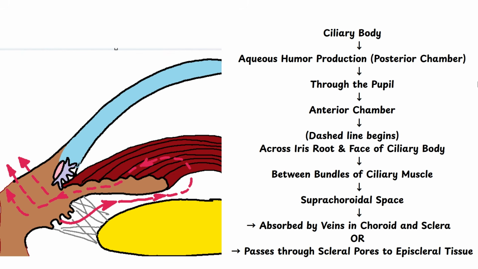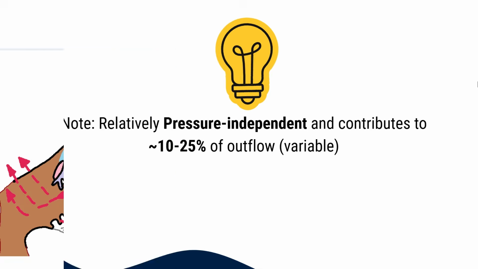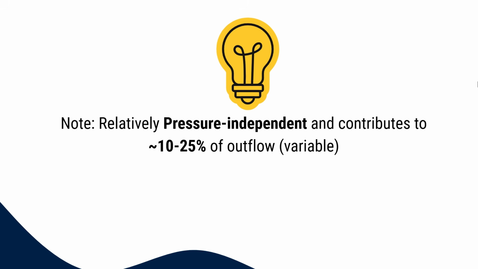This is not responsible for the majority of the aqueous humor outflow, and therefore this is known as the unconventional pathway. This is also a relatively pressure independent pathway, and it contributes to about 10 to 25% of the outflow. What is pressure dependent or pressure independent?